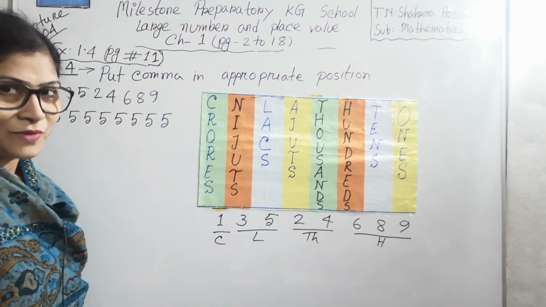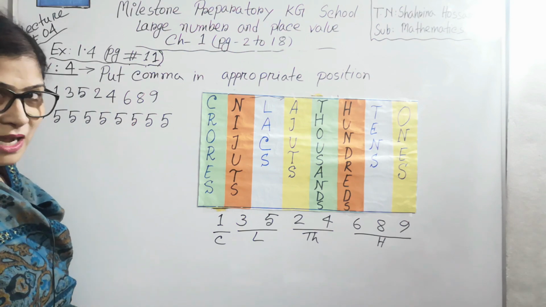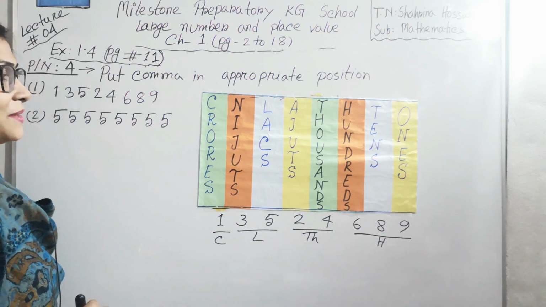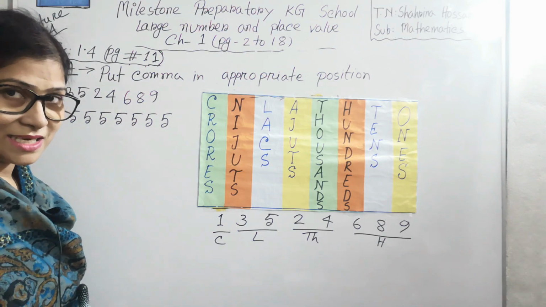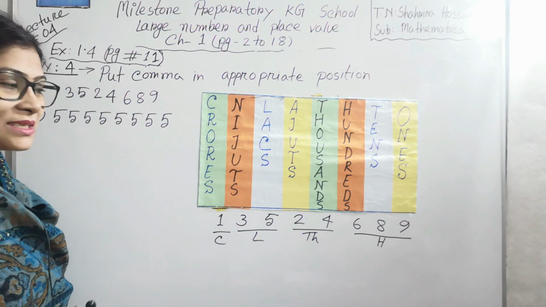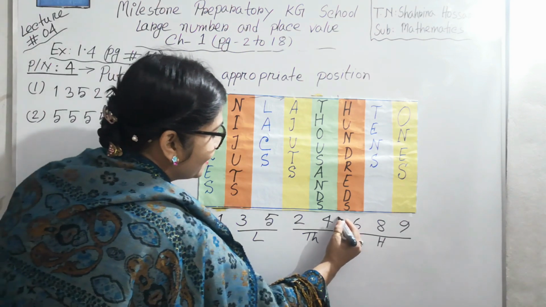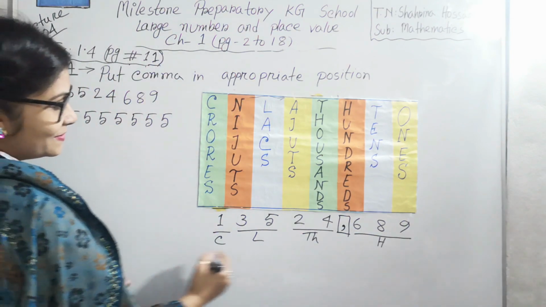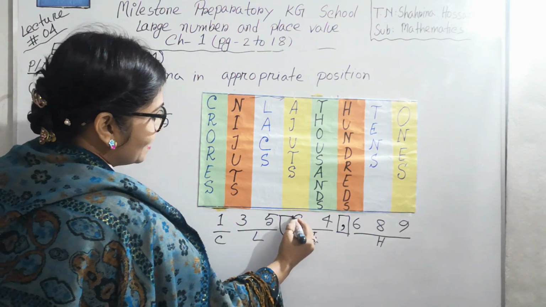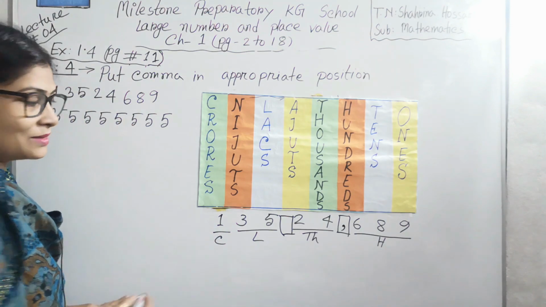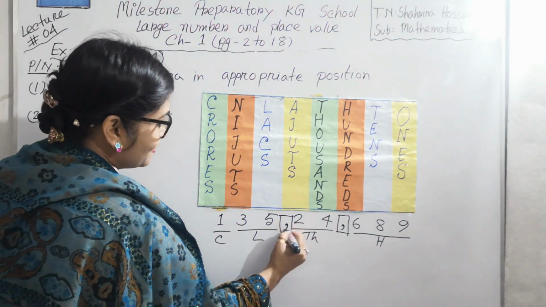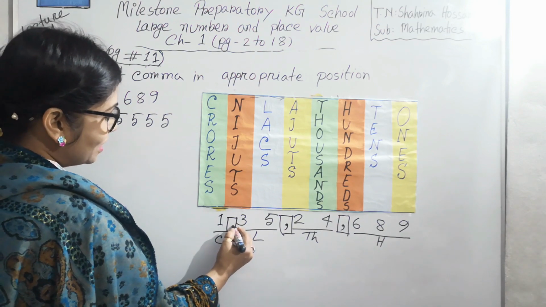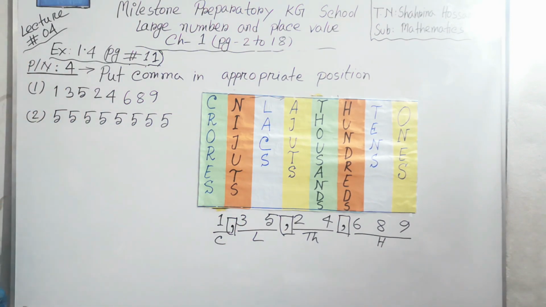We know the first comma we put after the hundreds position, after the thousands position. That means after 3 digits we put the first comma, here. Then the second comma after the thousands position. The third comma we put after the lakhs position.